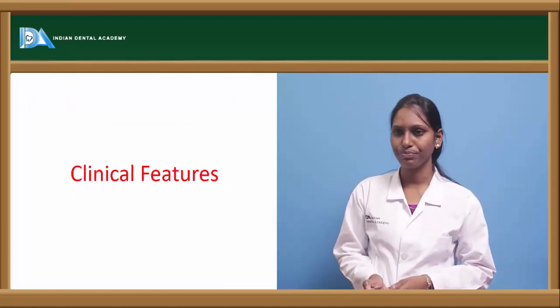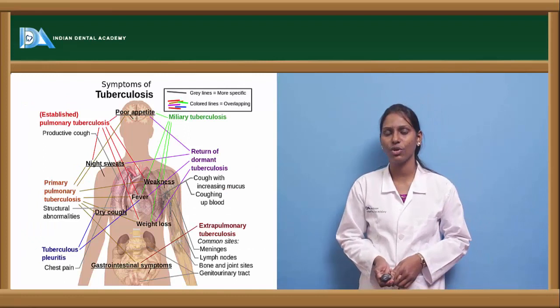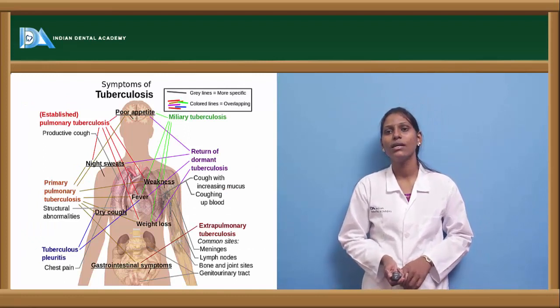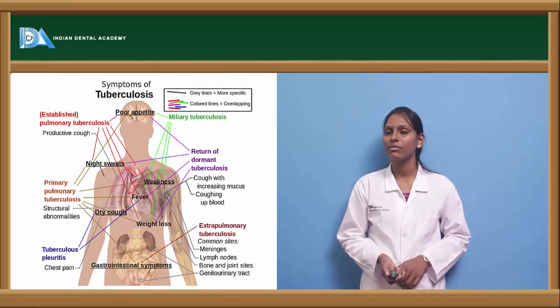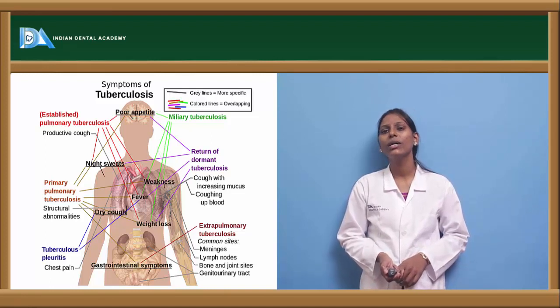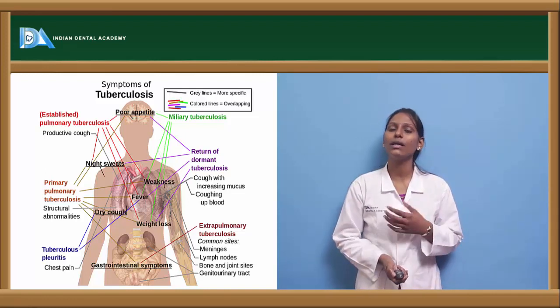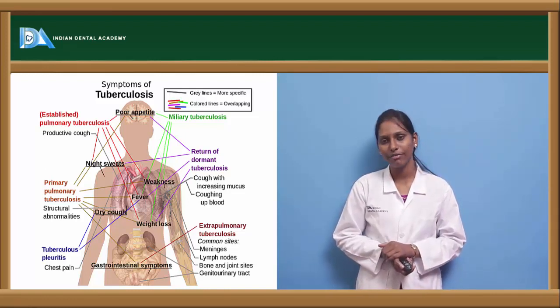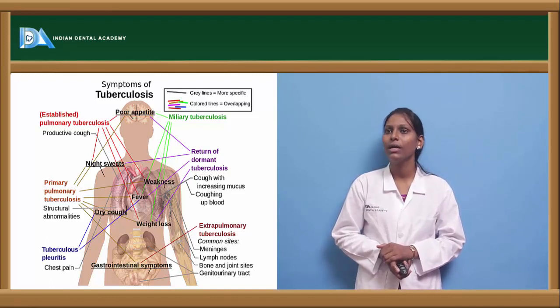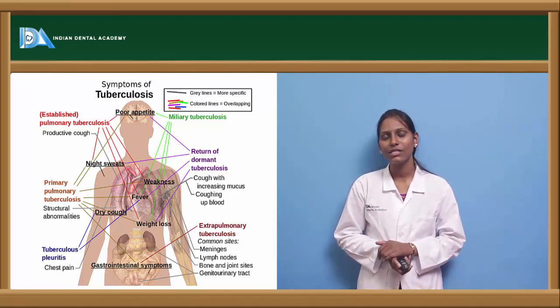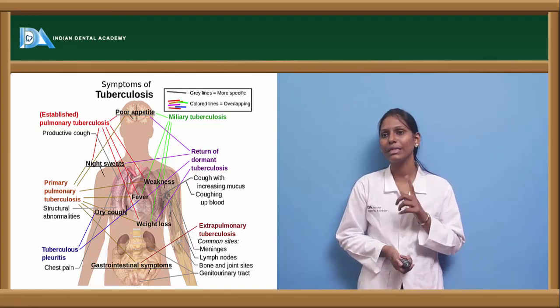Coming to the clinical features of tuberculosis. Tuberculosis can have various systemic manifestations, primarily including cough. Patients with initial lesions in primary pulmonary tuberculosis may have a dry cough, but later in established pulmonary tuberculosis they can have cough with expectoration, that is sputum. They have poor appetite, night sweats, high-rise fever, and lymphadenopathy can be seen.